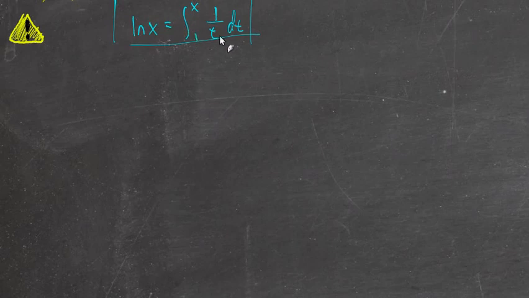So this function here is the antiderivative of this function, or if we go the other way, the natural log has this as its derivative, right? We've talked about that before. So we could look at, to understand what the natural log function is in terms of this definition.